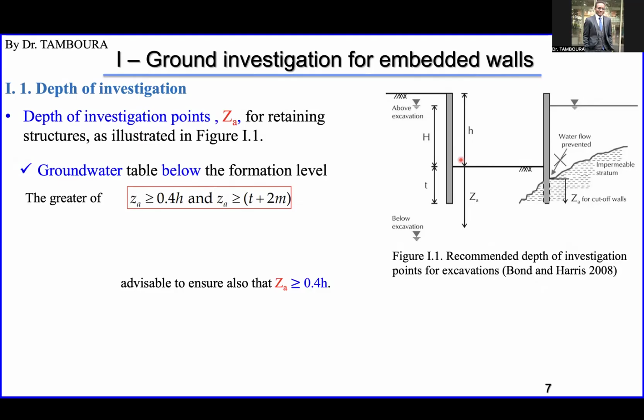So this value of ZA needs to be 0.4 times this value.